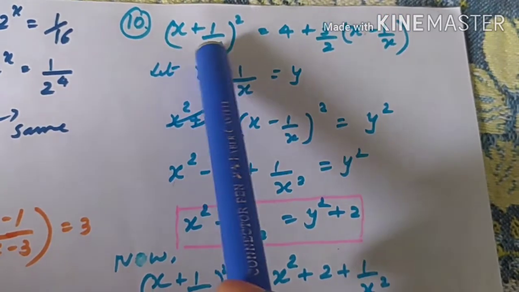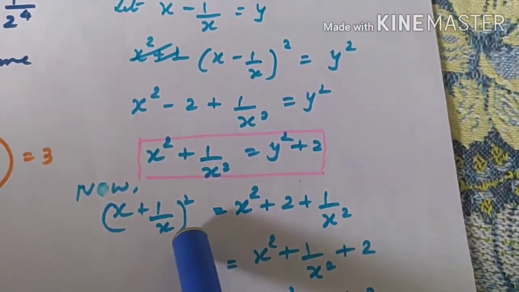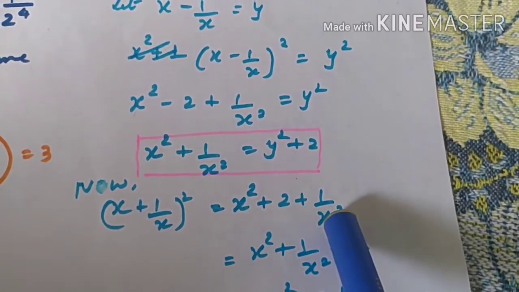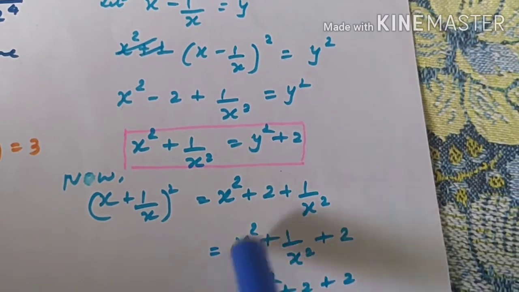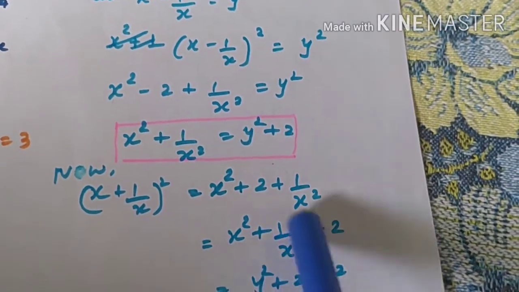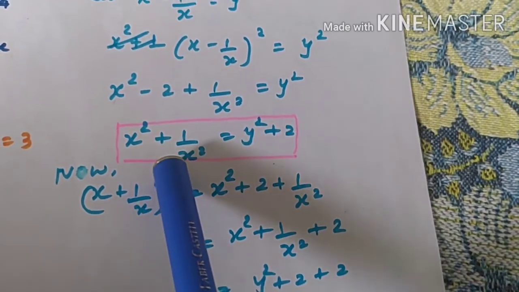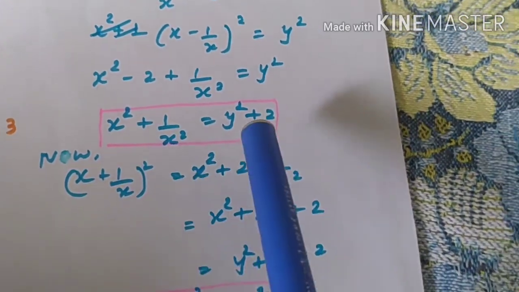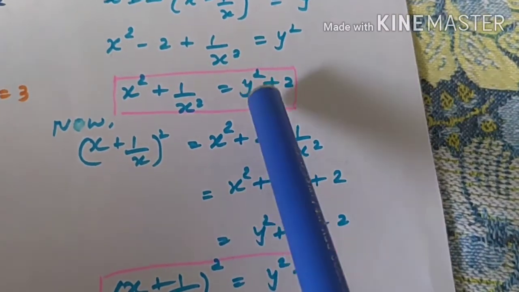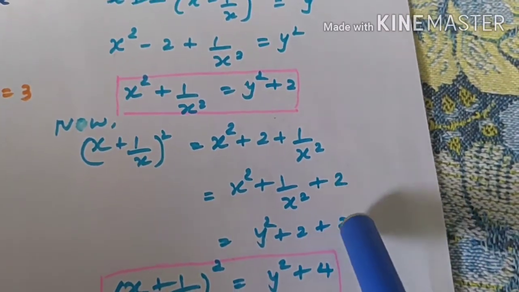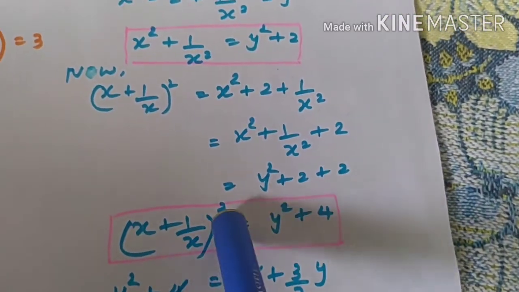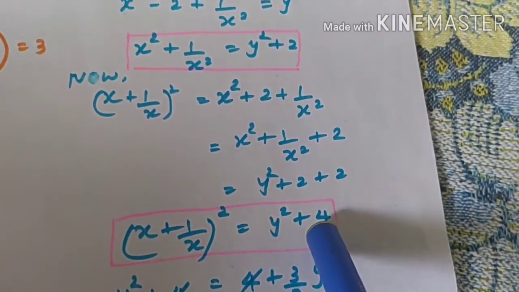Now this bracket (x plus 1 by x) whole square, I just take its expansion, x square plus 1 by x square plus 2. Now this value we have already found, x square plus 1 by x square, I will replace it here with y square plus 2, and this plus 2 as it is. So I get the value of (x plus 1 by x) whole square is equal to y square plus 4.